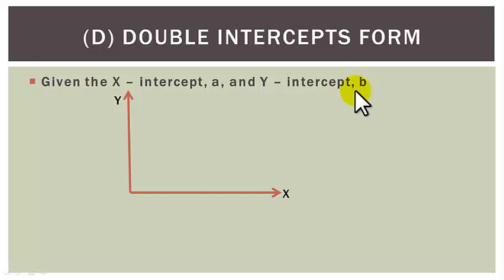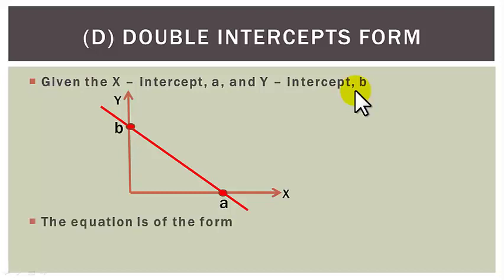Then a straight line having x-intercept A and y-intercept B is this straight line, where this point A is the x-intercept and this point B is the y-intercept. Then the equation can be expressed in the following form: x over A plus y over B is equal to 1.